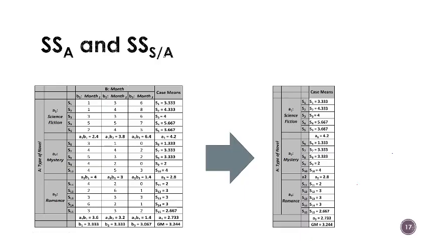For A and S within A, you really think about sort of dropping this whole thing down to just this one case. Now this is not like with repeated measures where we have to remake the whole data set, because this has already been made for us. It's just the case means. But you can think of it for A and for S within A as if we're treating this as a one-way ANOVA with just the case means and the means for each of the A levels as our subject scores and means, right?